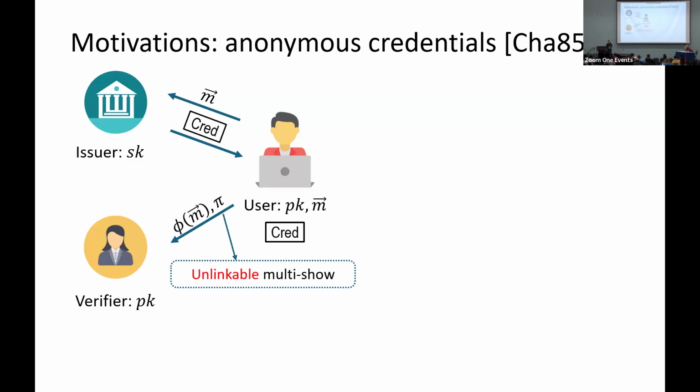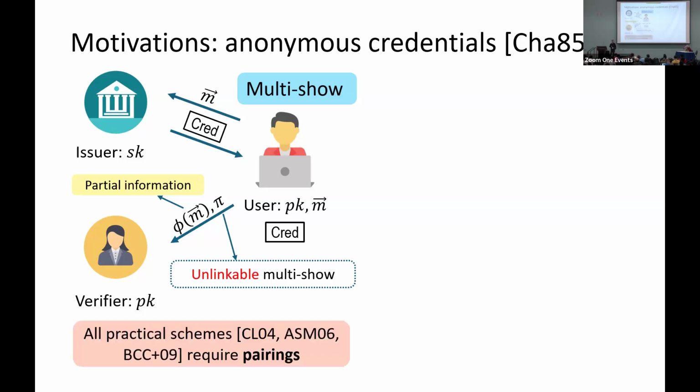Also, the user can present its credential multiple times where each showing is unlinkable. In addition, the user can reveal only partial information about M while keeping the rest hidden. This primitive is referred to as a multi-show anonymous credential.